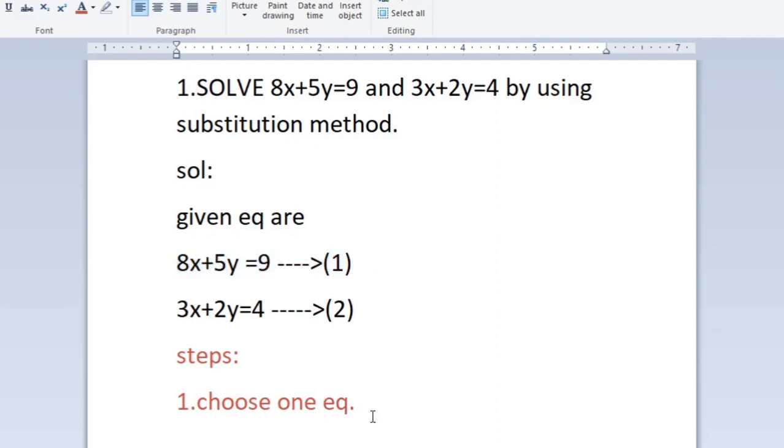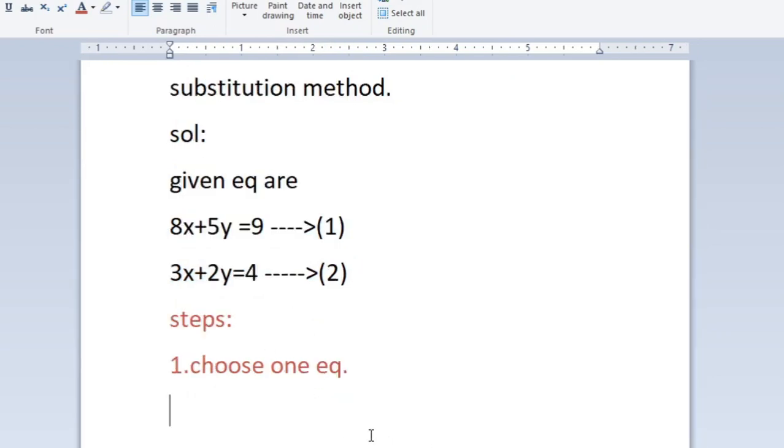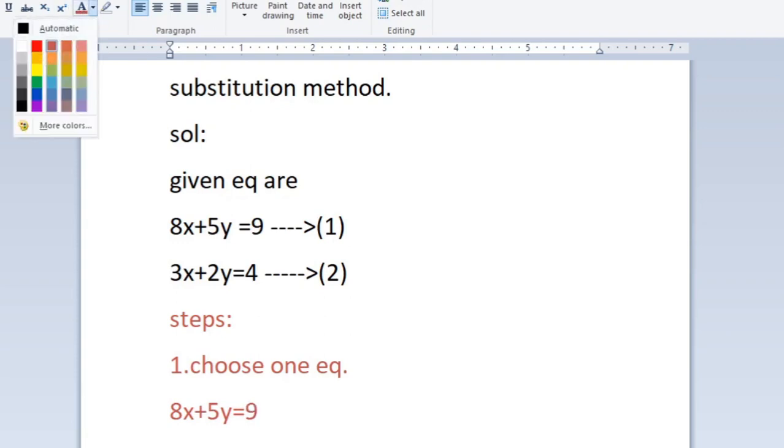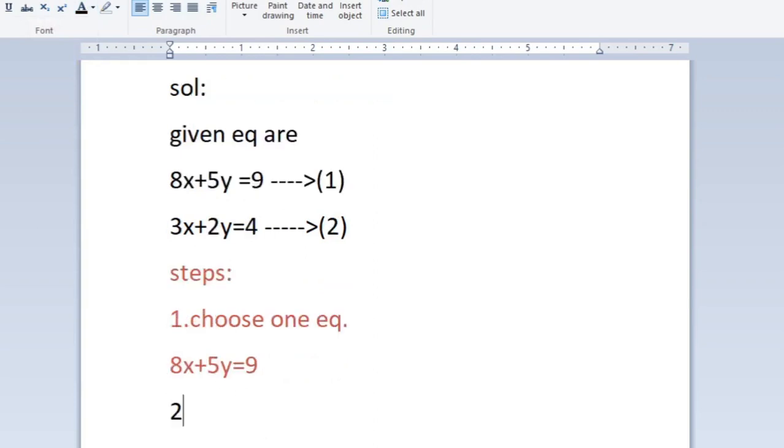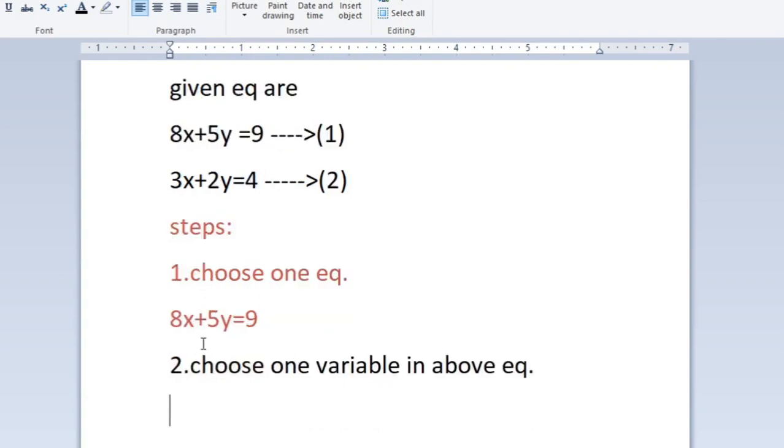That is 8x plus 5y is equal to 9. Now step 2 is choose one variable in the above equation. Here I choose x.